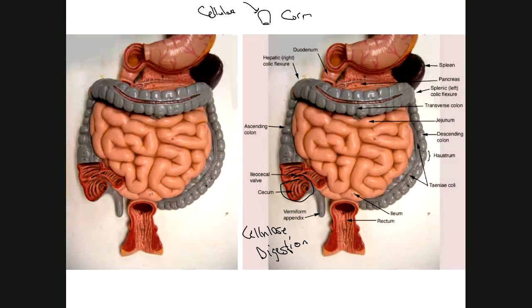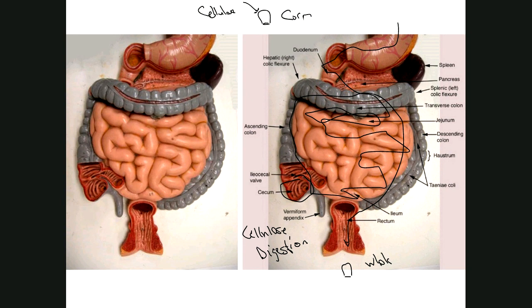And that kernel of corn is going to go through here, it's going to go through here, it's going to go through here, and it's going to come out looking almost exactly the way it did when it went in. It's still going to be this whole kernel of corn. And the reason we cannot digest it is because of this cellulose layer.